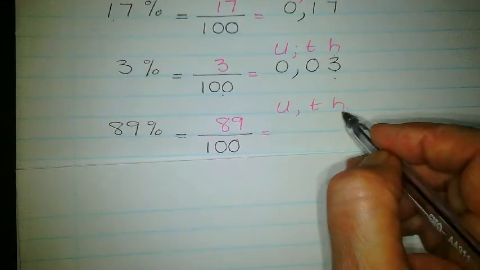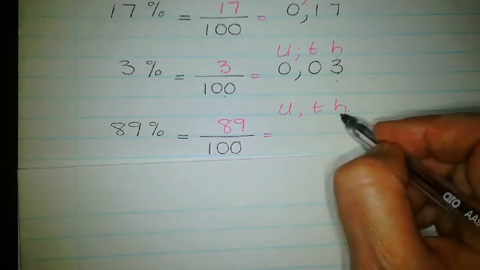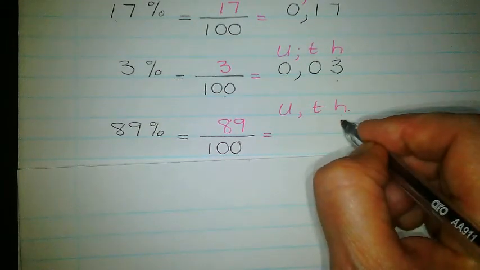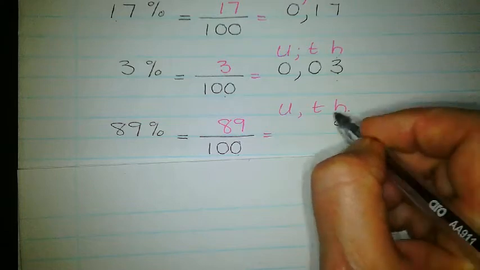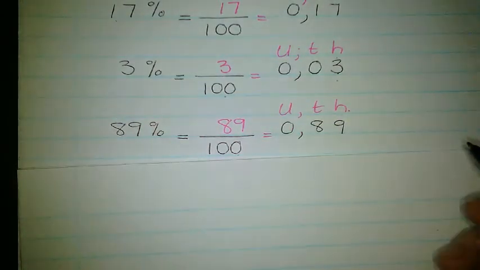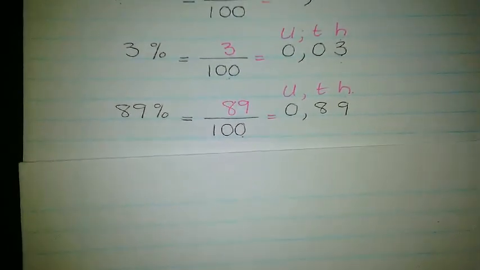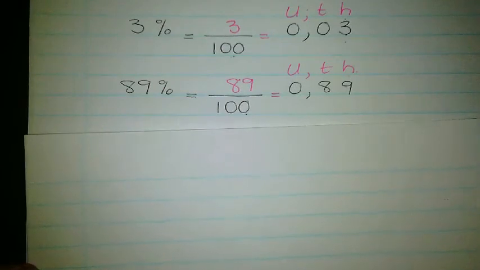And then because my denominator is 100, I'm going to start at that column under the H, and then I'm just going to start writing from the back, and where my comma is going to stay there, and there's no units that I'm going to write. So my 89% is going to be 0,89.